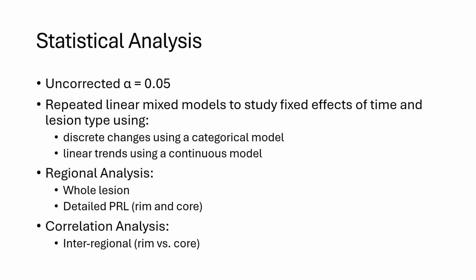We employed two types of labels: one, whole lesion labels, and two, the detailed PRL labels using separate rim and core labels. Finally, we did a correlation analysis between rim versus core to study the relationship between rim and core lesions.